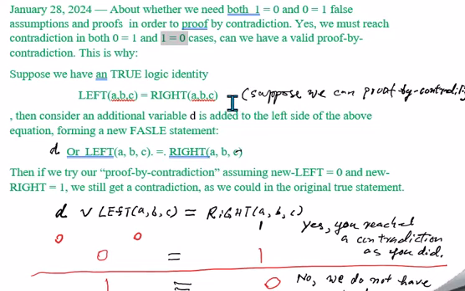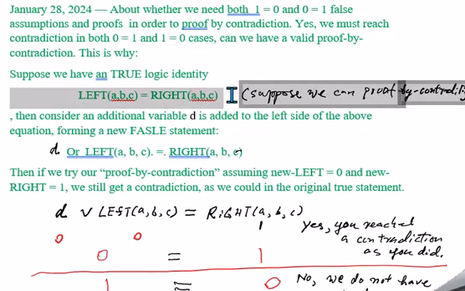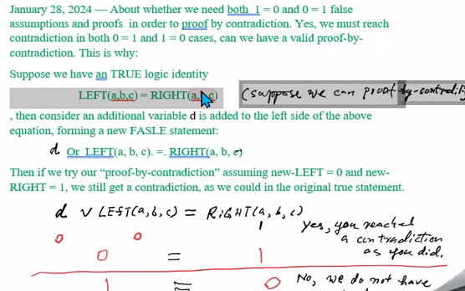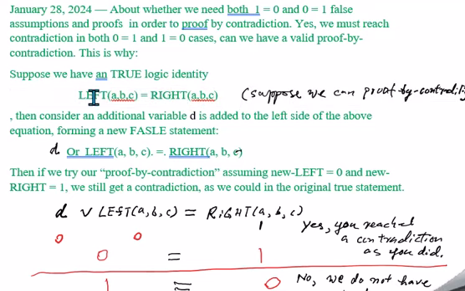It's very simple logic. Suppose you have a true identity already proved. Then you can of course do both ways, right? Suppose we have a general left side equal to right side. Suppose this is true, and then we can do proof by contradiction, arriving at the contradiction.